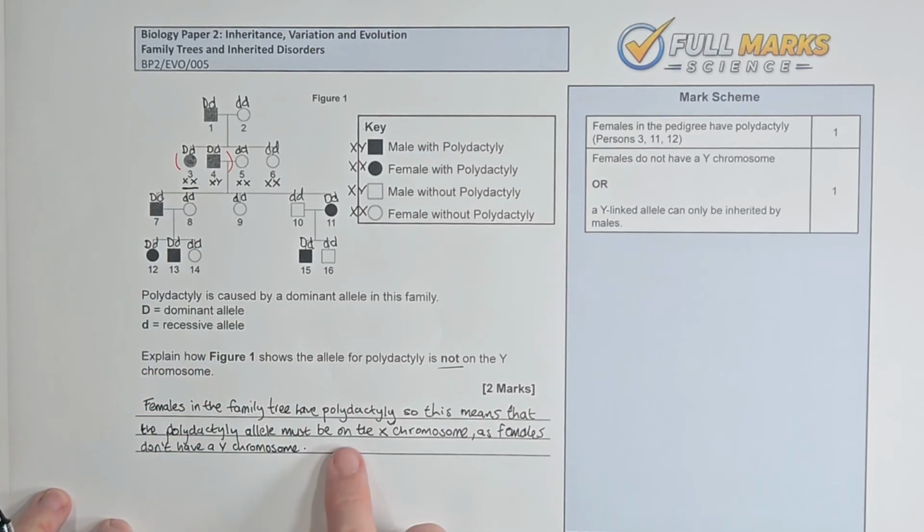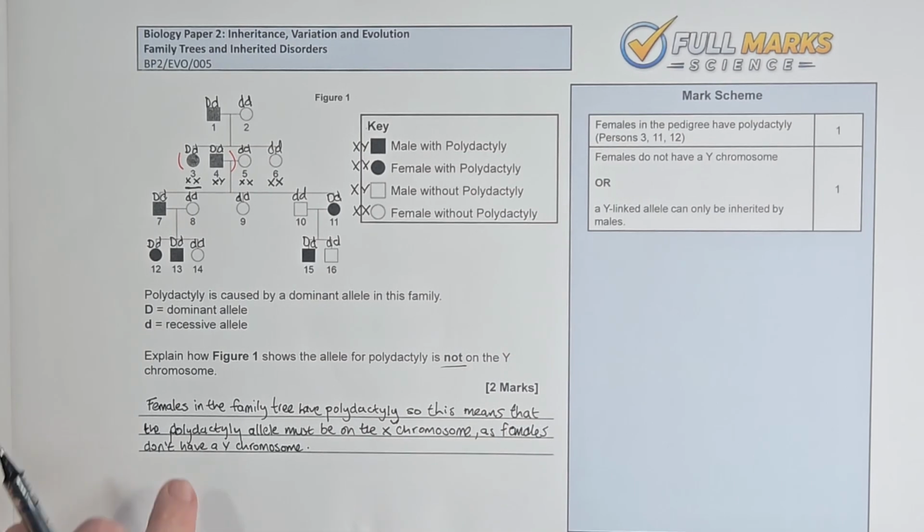Females in the family tree have polydactyly, so this means that the polydactyly allele must be on the X chromosome, as females don't have a Y chromosome. 2 marks, and that is absolutely everything that you need to do for that.